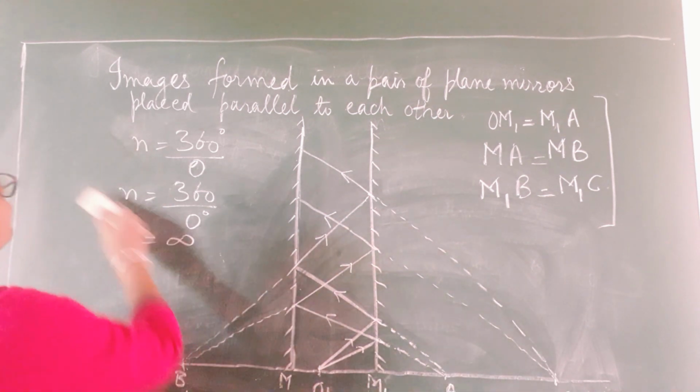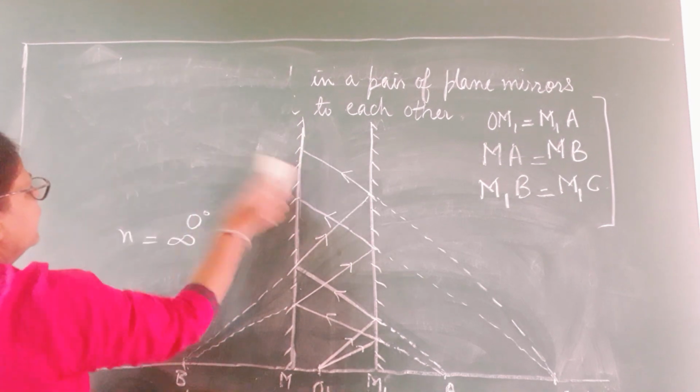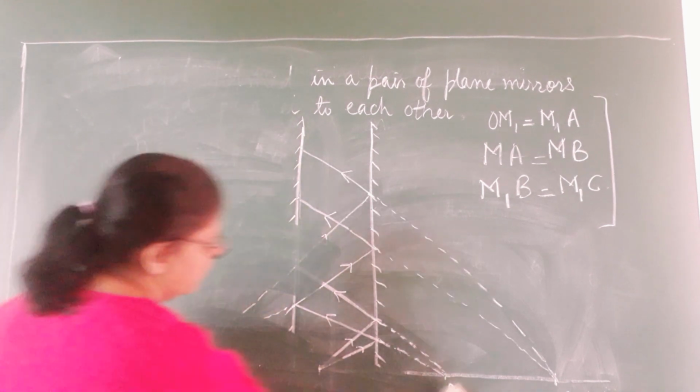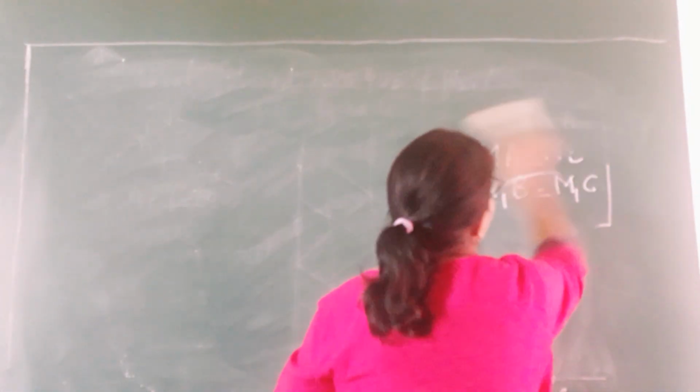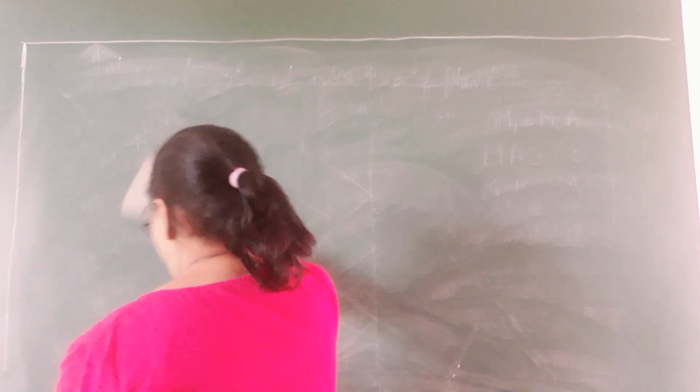Okay. Now we move to the second diagram. I am erasing this. It is image formed when 2 plane mirrors are placed perpendicular. They are placed perpendicular to each other. That is our next diagram. So just have a look children, how am I drawing it.